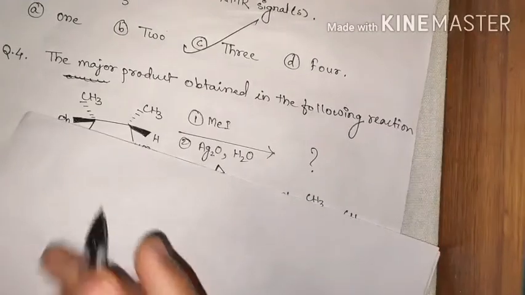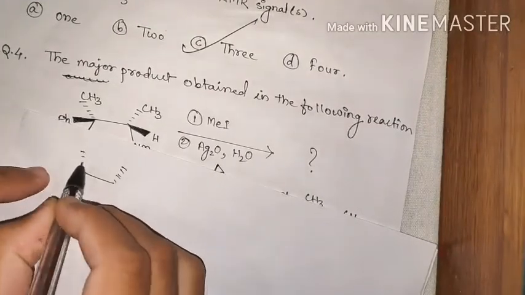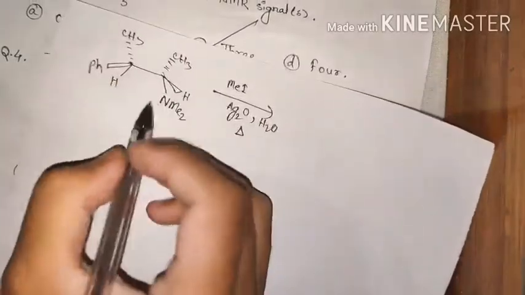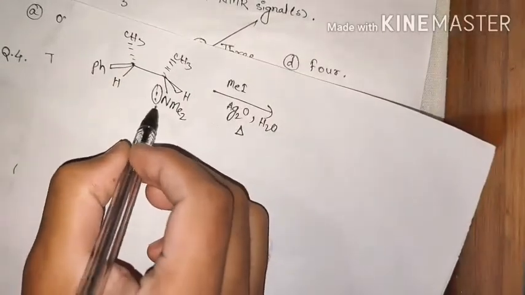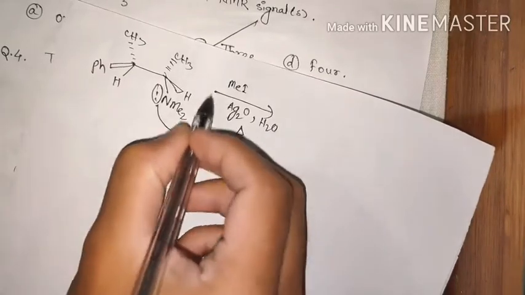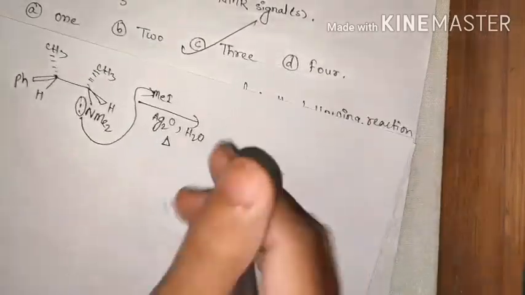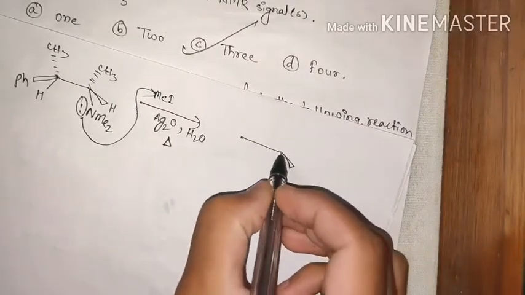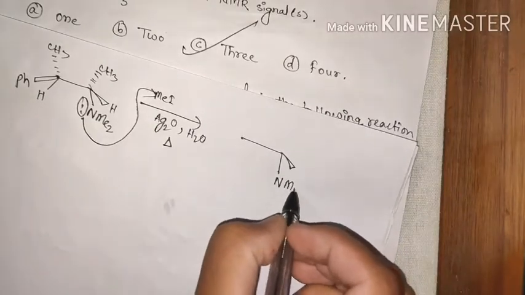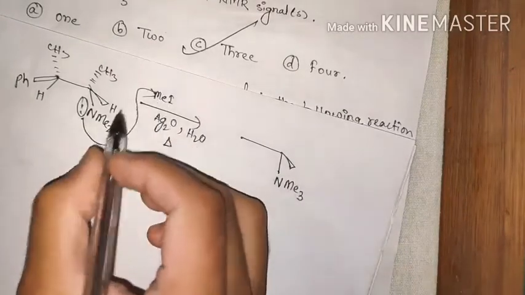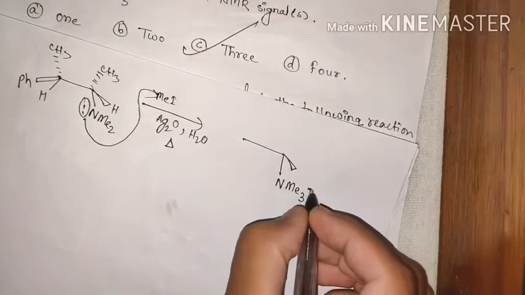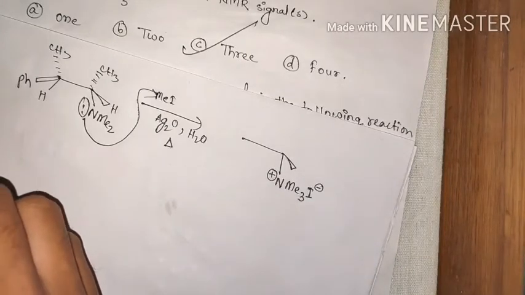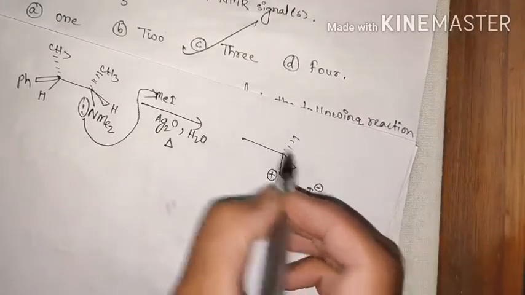In this case the nitrogen has a lone pair of electrons. So this nitrogen will take this methyl group from methyl iodide, and it will become NMe3 here. Then here iodine will be negative, and this nitrogen becomes positive, and this will remain as it is.